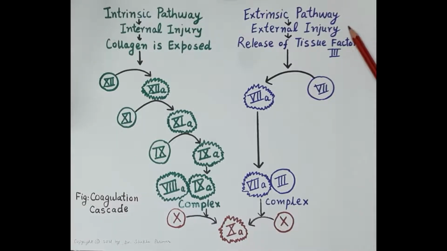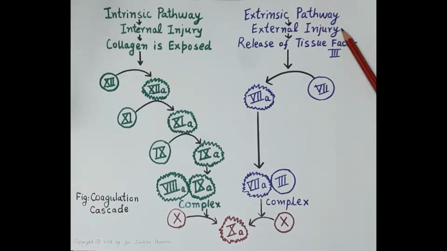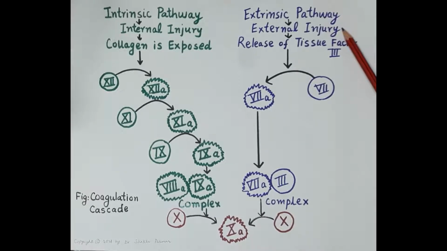On the other hand, the extrinsic pathway is initiated due to external injury to the wall of the blood vessel, say because of an accident or trauma. Now this injured blood vessel wall releases clotting factor 3, called tissue factor or thromboplastin, into the blood.